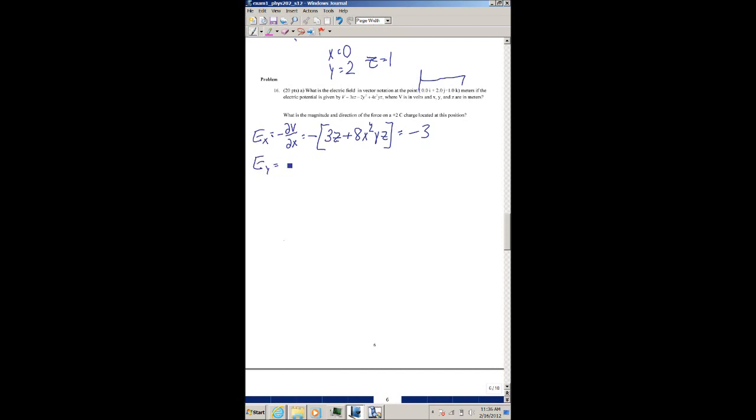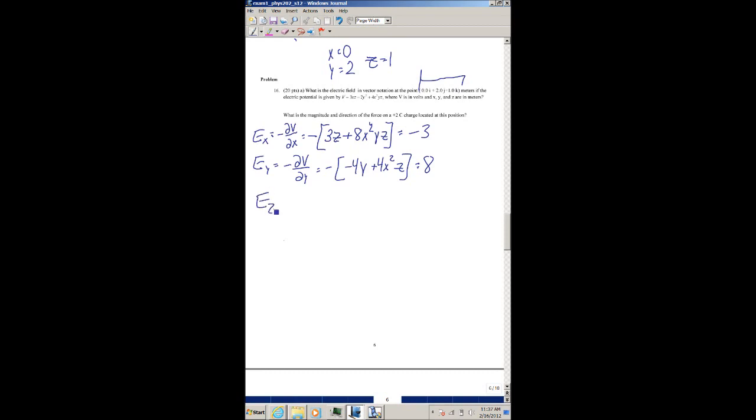EY is negative del V del Y, which is negative 4Y plus 4X squared Z. I put in my coordinates for X, Y, and Z, gives me 8. Let me just double check. Yeah, 8.